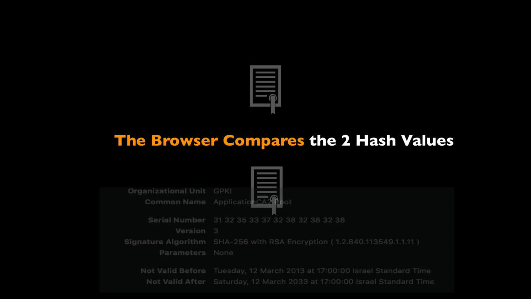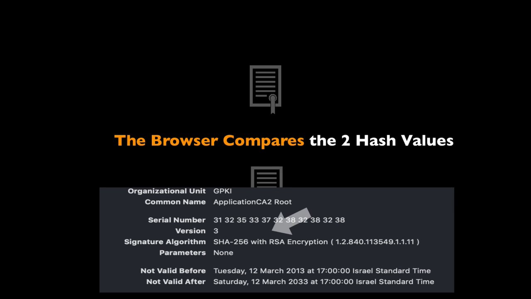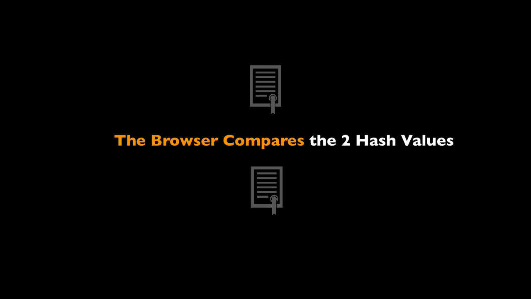We can see it right here. If both hash values are the same, then we have a proof that the entity who sent the certificate is the one who it claims to be. So we have used asymmetric encryption and hash functions to prove the authenticity of the entity.